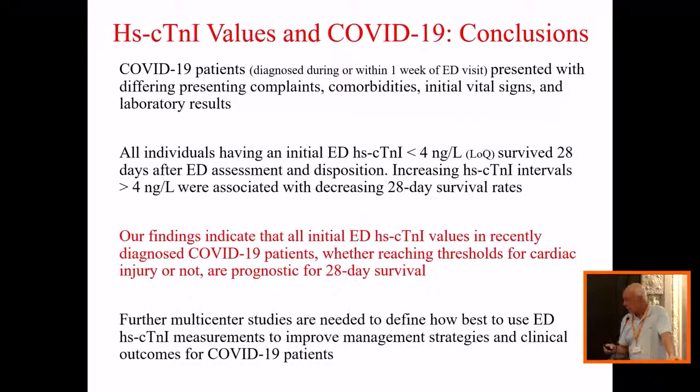We think future studies need to be done to determine how best to use these measurements in patients with COVID disease. I think COVID disease is different than just ischemic disease, with particular differences within the indeterminate range, is what we found. We haven't published this yet, and I've just been too busy.